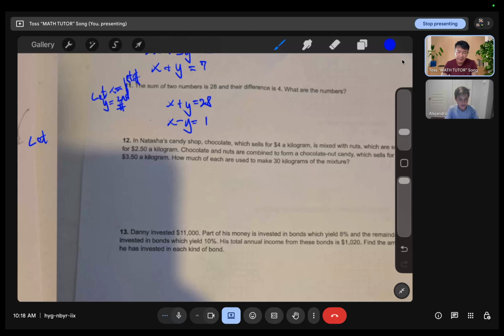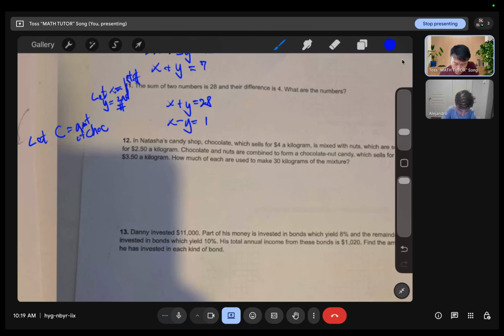It's up to you. If you like seeing everything generic looking, because that's the math, you can keep x and y. I'll do C and N. So C equals the amount of chocolate in kilograms. Later on, sometimes they really want you to specify the unit and everything too.